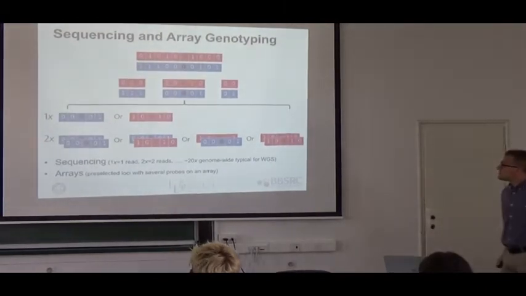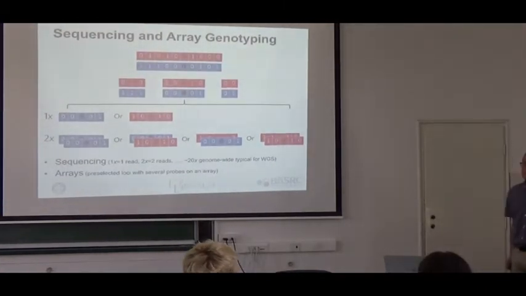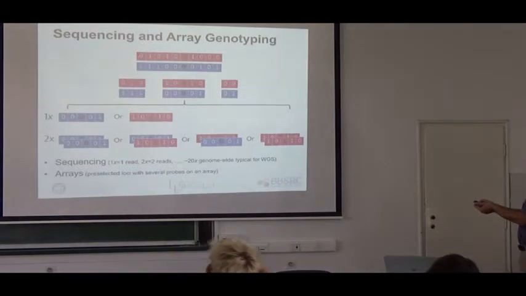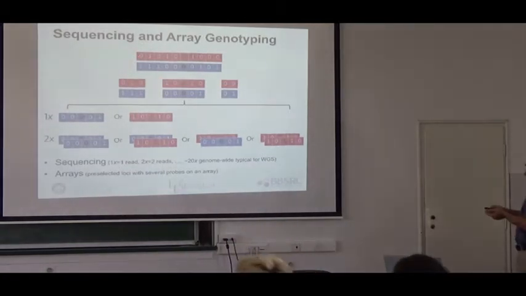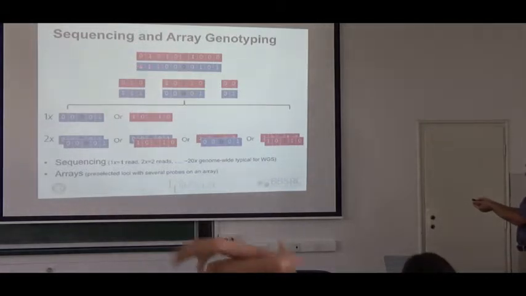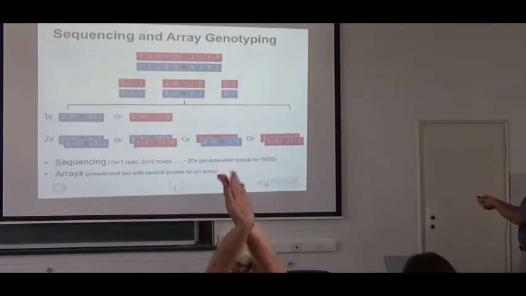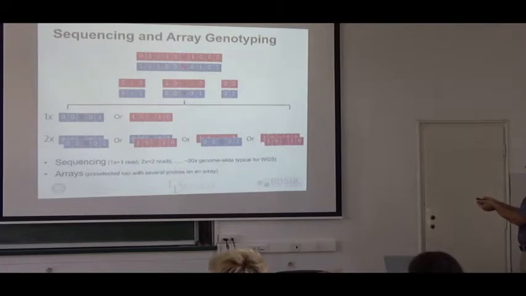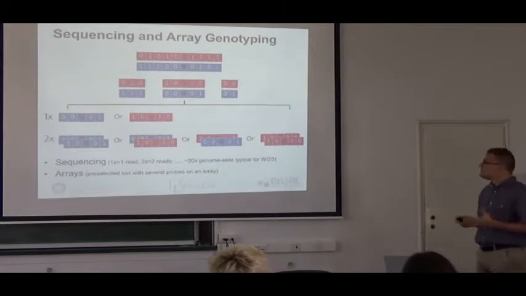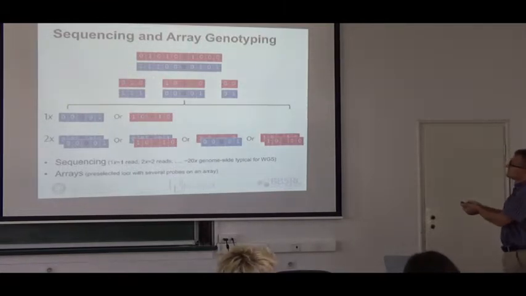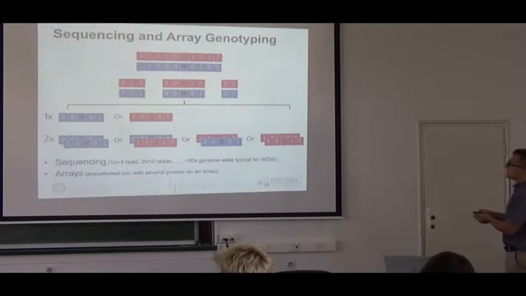Now before going into that, let's remind ourselves what sequencing and array genotyping actually are. If we have an individual, these are the two chromosomes of that individual: the gamete that the individual got from mom and the other one from dad. We see that at this particular position the individual is heterozygous, with a reference allele and an alternative allele. If we're doing sequencing, essentially we take this DNA, chop it into fragments, and let's say we're interested in sequencing this fragment.